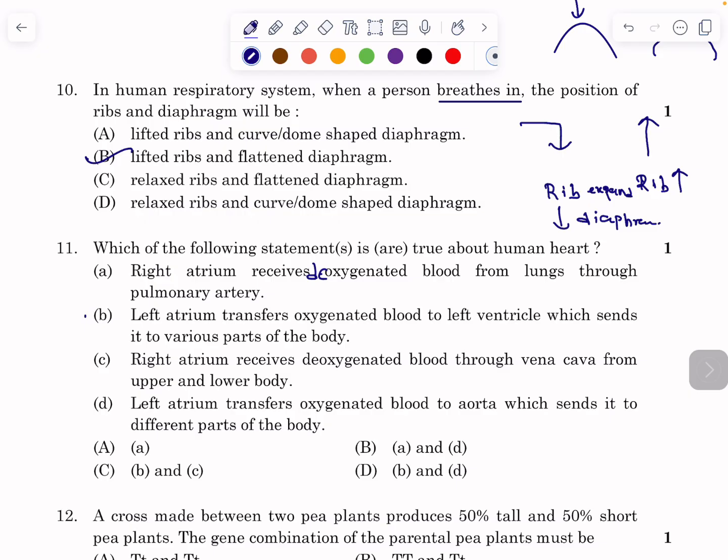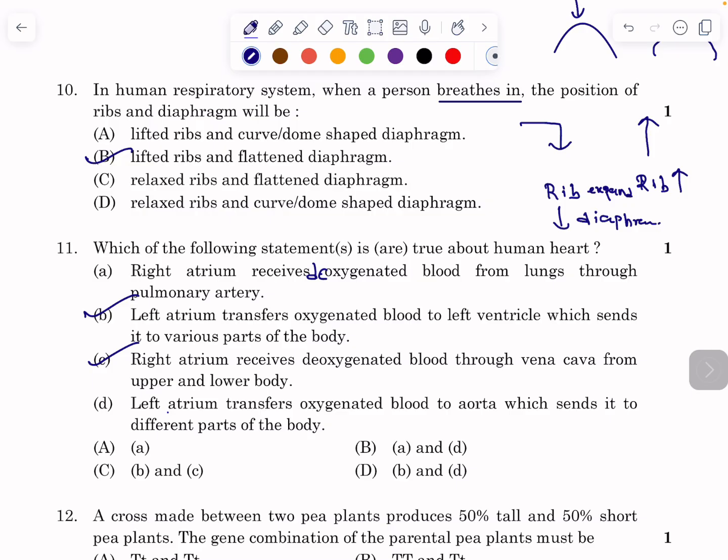Yes, this is correct. Why? Because the pure, oxygenated blood reaches the left atrium, and finally goes to the ventricle and to all parts of the body. B option is correct. Right atrium receives deoxygenated blood through vena cava from upper and lower body. This is also correct. The impure blood is coming from the superior vena cava and inferior vena cava.